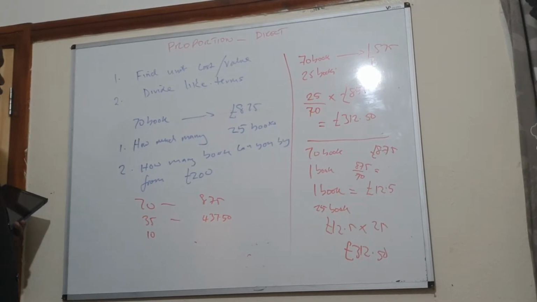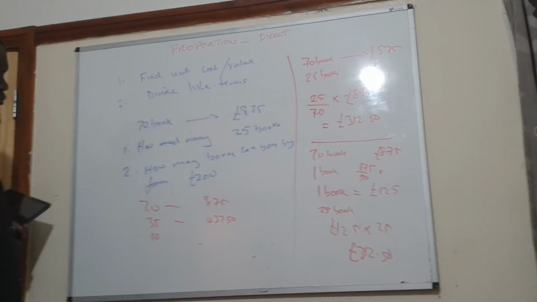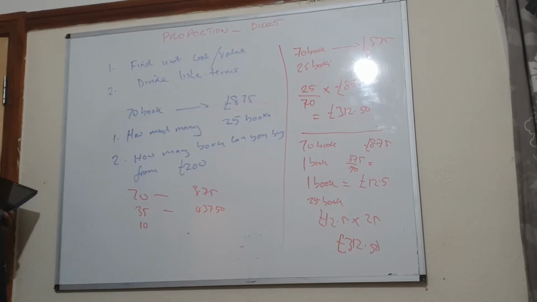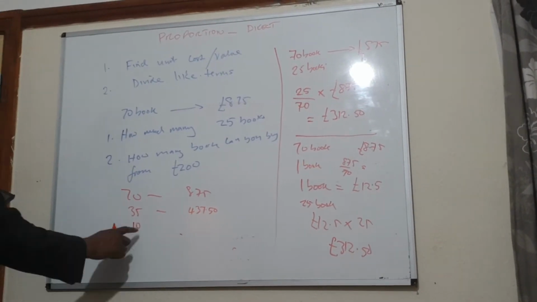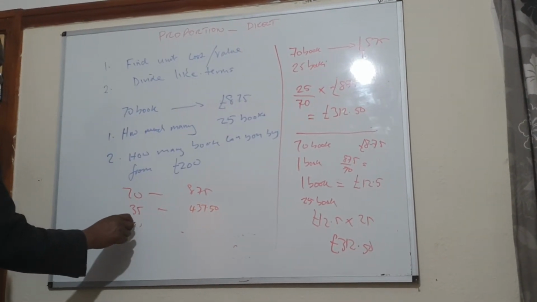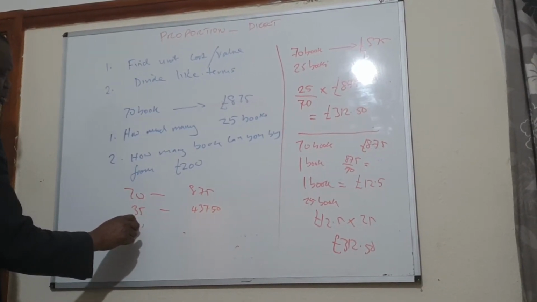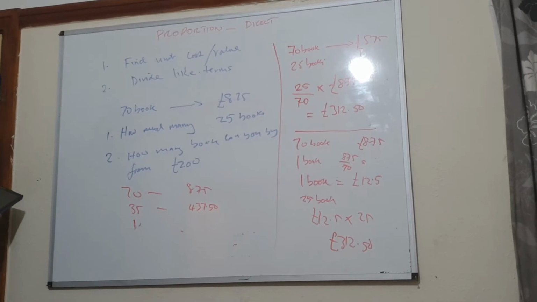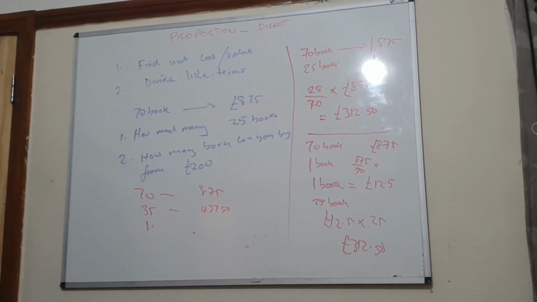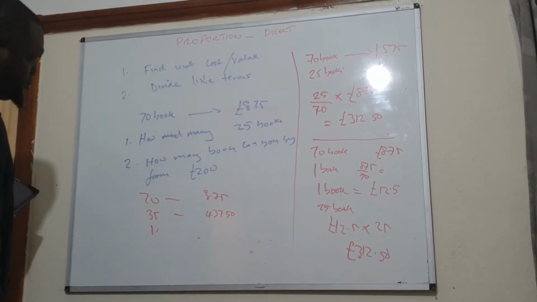You just divide that by 10. Or they'll ask how much would 5 cost, and 35 divided by 5 is 7, and then 437.5 divided by 7. That'll be fine at 5 and it's fine at 10.